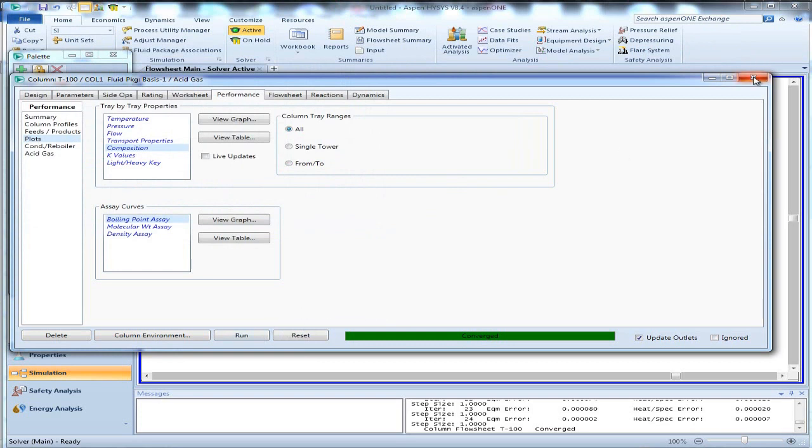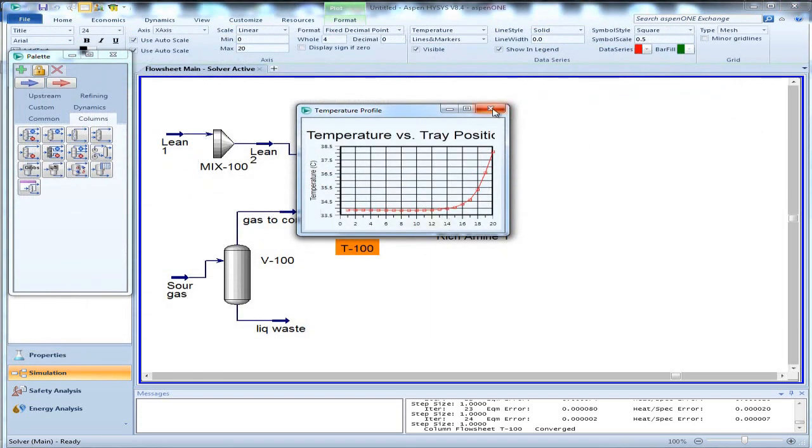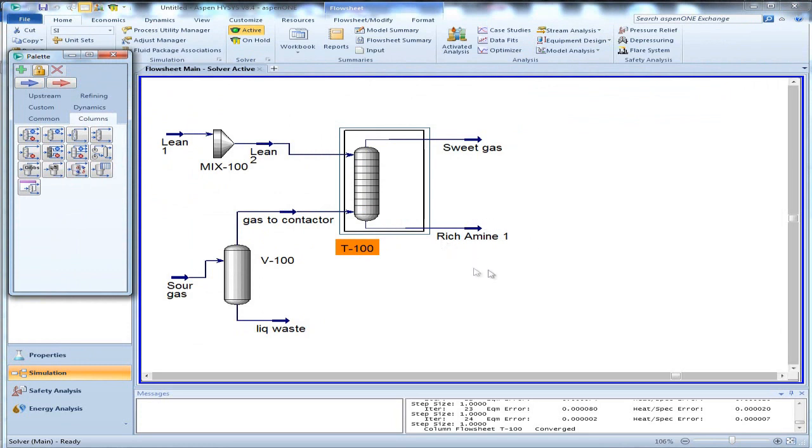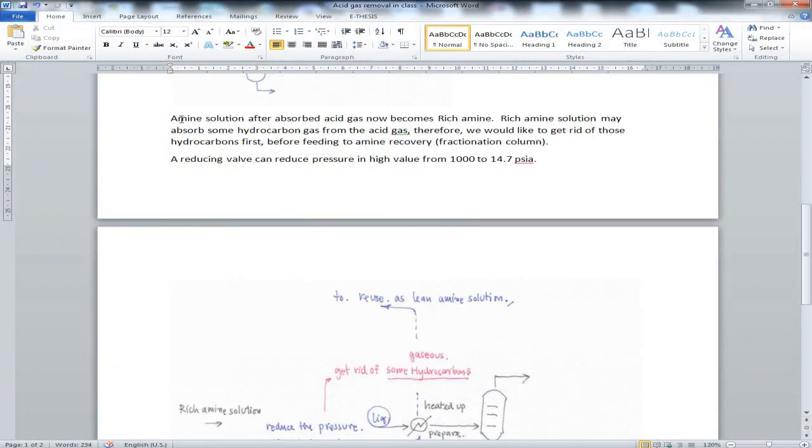Okay, this works. So let's go to the next step because we would like to recycle this amine solution back to this part, so we don't have to waste all the amine. See, we come back to the handout again. The amine solution after absorbing acid gas now becomes rich amine.